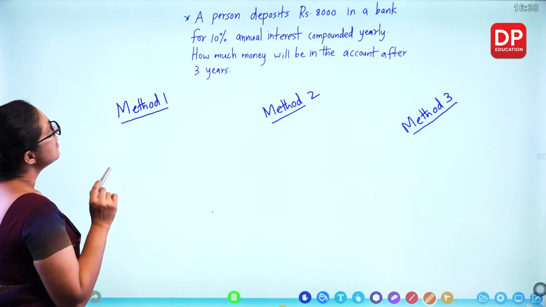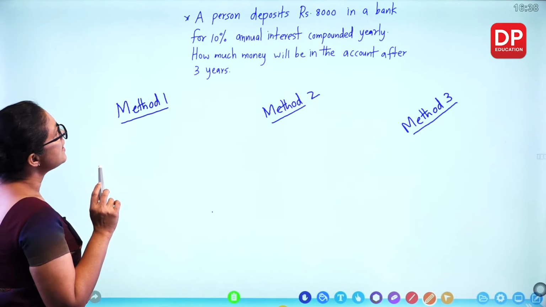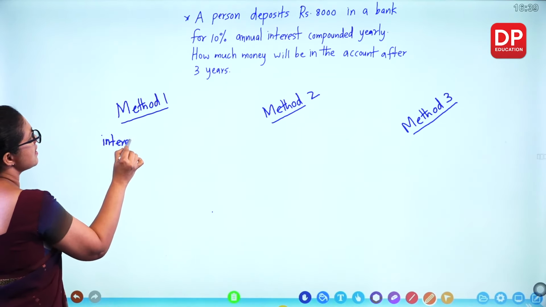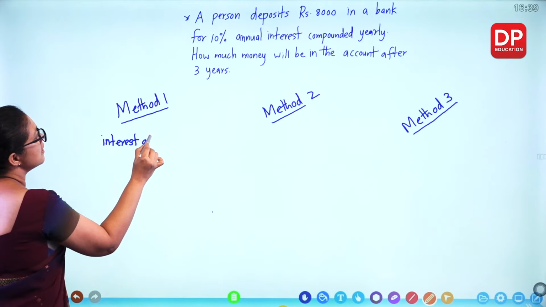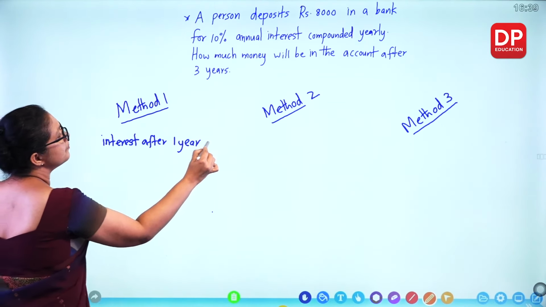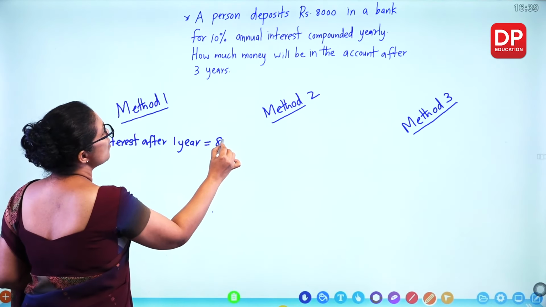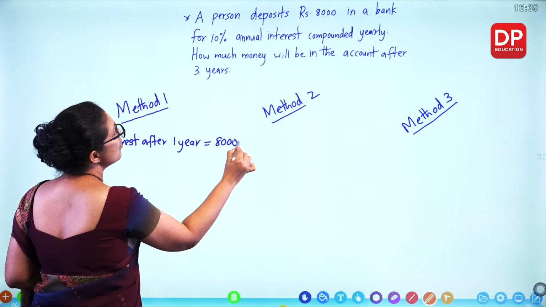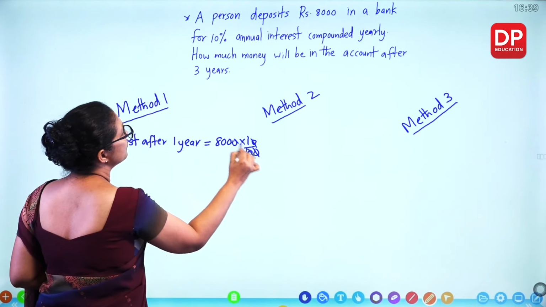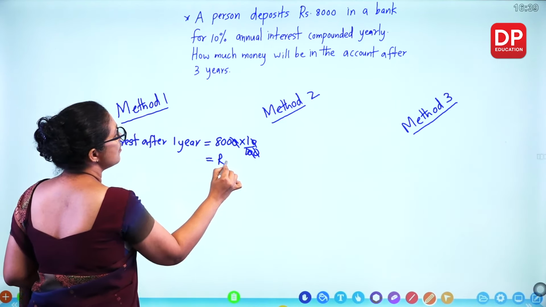what's the interest after 1 year? So we can first calculate the interest after 1 year. So 8,000 times 10%, 800 rupees.